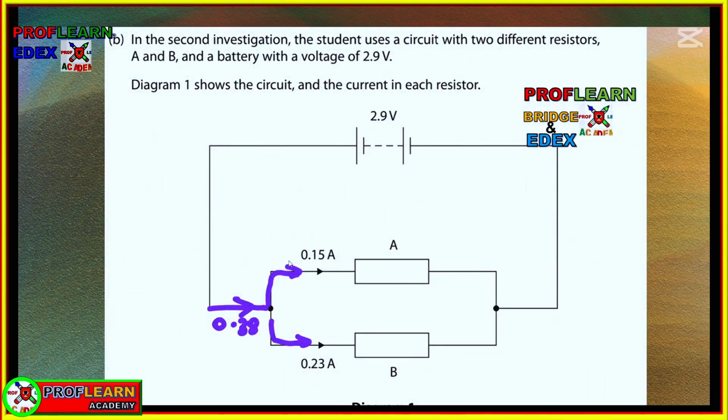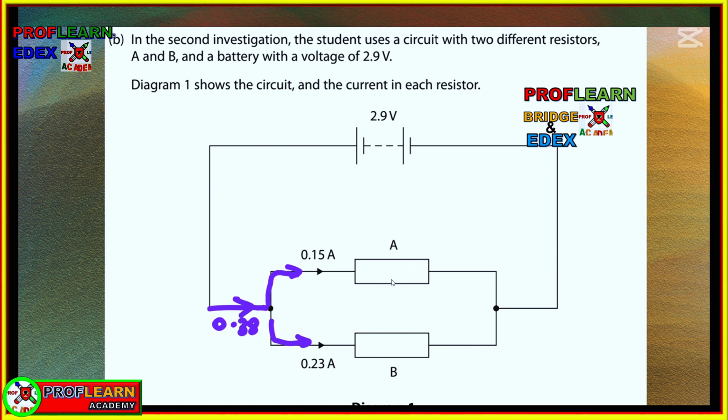Something else that you need to understand is that when current flows in a junction where we have parallel components, current is going to split, and more current will flow where there is less resistance. So meaning this component A could be having higher resistance than B, because less current is going this direction.